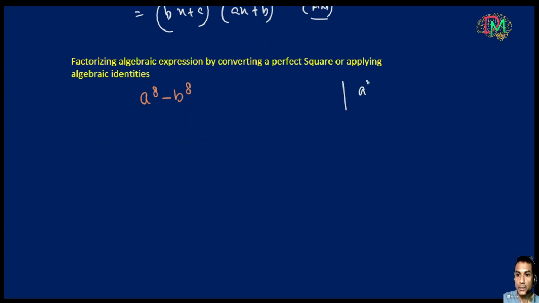That is a square minus b square is equal to a plus b into a minus b. So the given question is a to the power 8 minus b to the power 8.